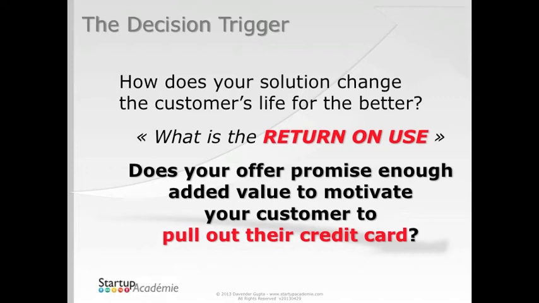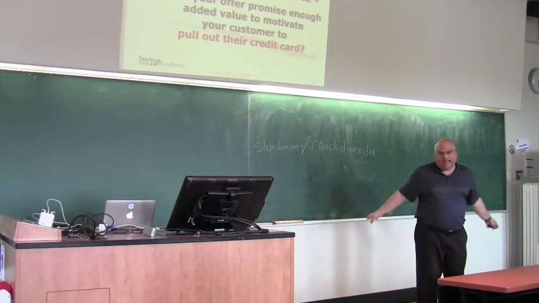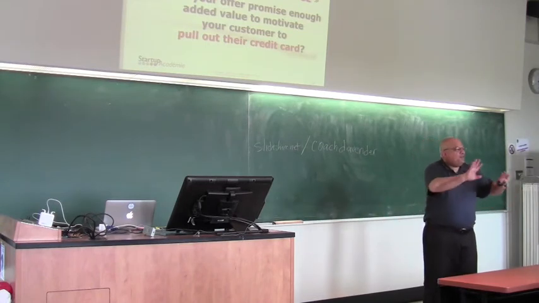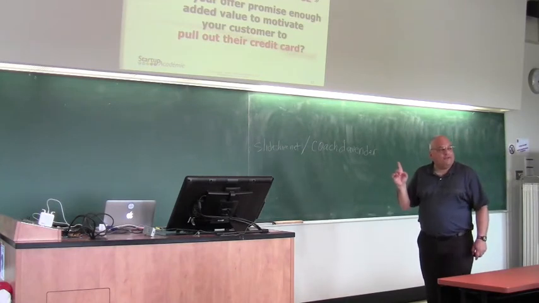What's going to make them so enthusiastic about what you have to offer that they're going to pull out their credit card and pay you? And I've always said the only market survey that's worth anything is when you get people to pull out their credit cards or their paying cards. That's the only information that counts. Anything else is they're just being polite to you. So you really want to find what's that decision trigger.